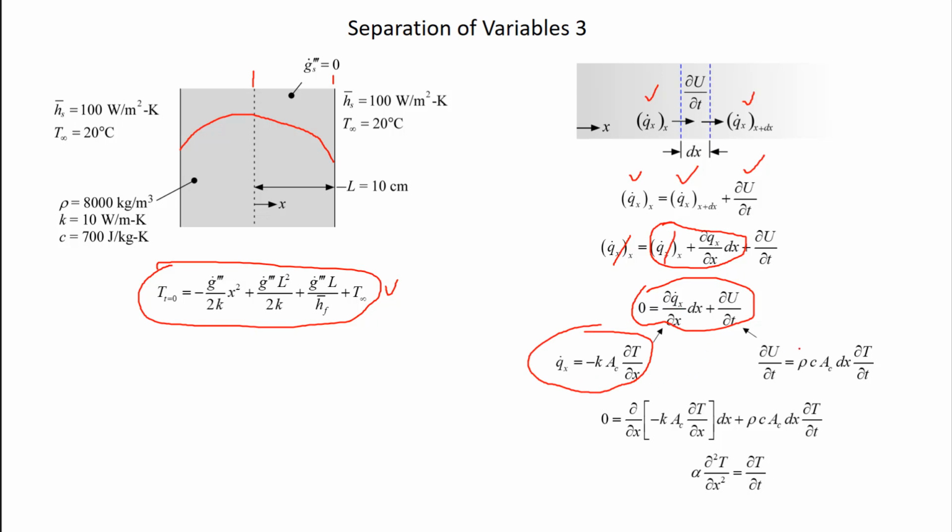And then this is just the heat capacity inside of our control volume: the heat capacity inside this little differential slice, which has volume A_c times dx, and then rho times c times the rate at which its temperature is changing. If I make these two substitutions, I get this differential equation. We'll divide through by everything that's constant in the highest order derivative, so minus k times A_c. And that gives us this differential equation here.